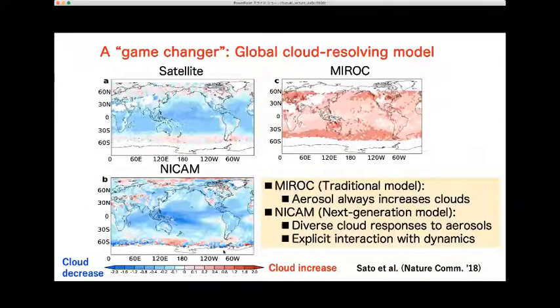But actually, we are now entering a new era of global modeling with the emergence of the global cloud resolving model that has a much higher horizontal resolution and can now resolve individual clouds. And that actually turned out to represent very realistic cloud responses to aerosol changes, much closer to satellite observations compared to the traditional climate models.